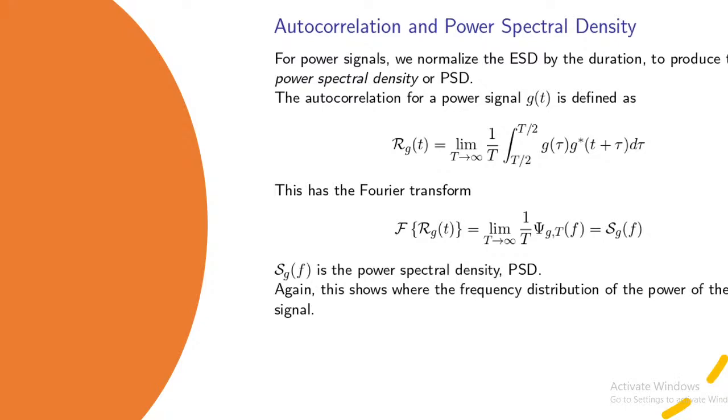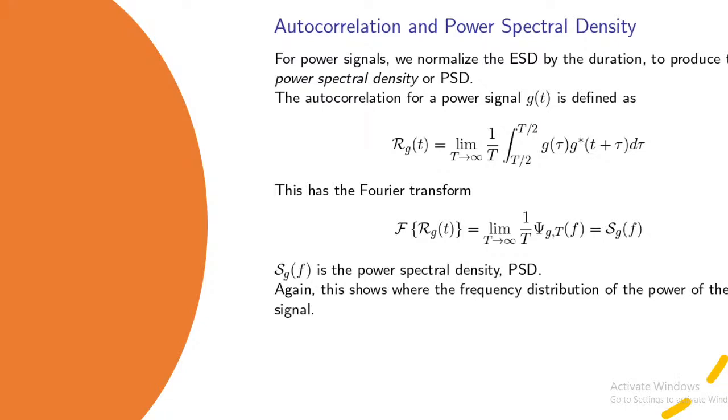You know, the autocorrelation for a power signal g(t) is defined, using duration, as the limit T goes to infinity of 1 by T, the duration. So instead of saying minus infinity to infinity, I'll say it like this: limit T goes to infinity 1 upon T, integration from minus T by 2 to T by 2, g(tau) g star(t plus tau) d tau.